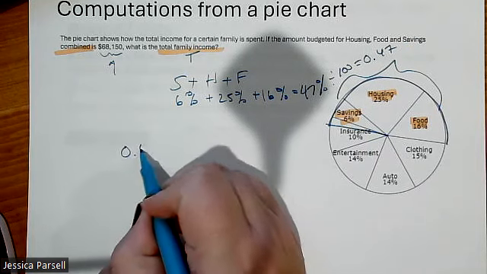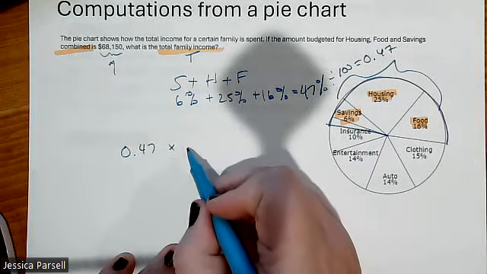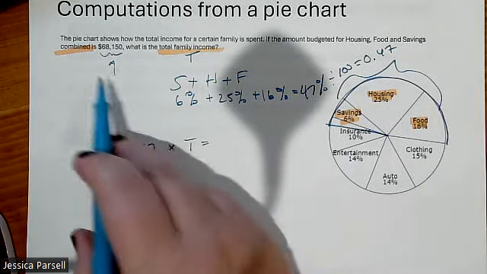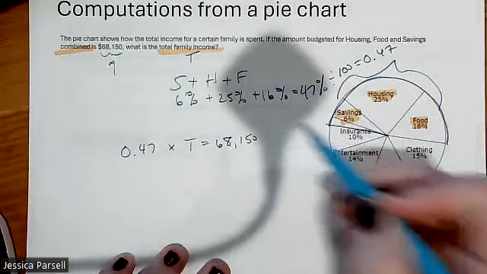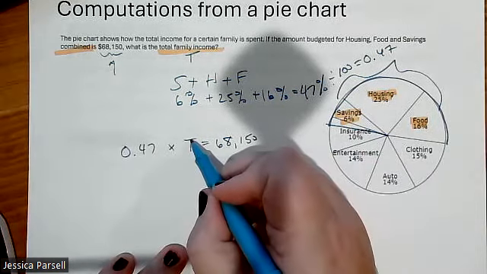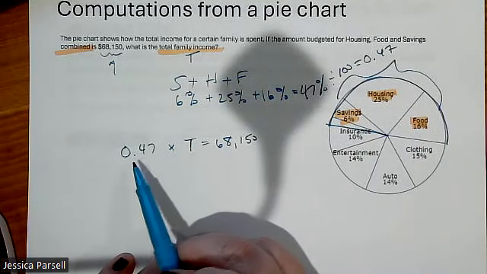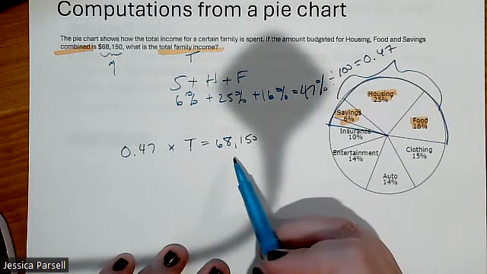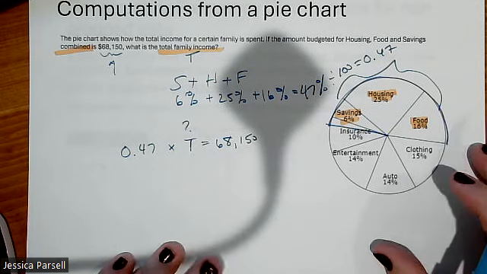So 0.47 times total family income, which is the unknown, has to equal this combined $68,150. So let's take a look at the setup here. We know that 47% times the total family income would be equal to $68,150. This is what we don't know.